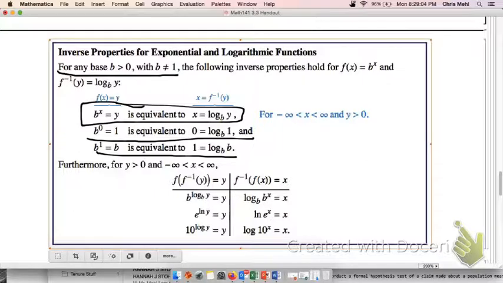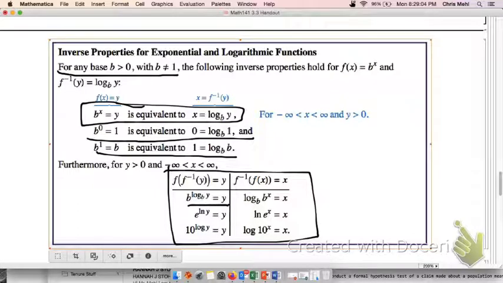And furthermore, as long as y is greater than 0 and x is any real number, this little table at the bottom, you saw this in section 3 too. If you compose a function with its inverse, you always just get the input back. So f inverse of y would be log base b of y, and f of x is b to the x.